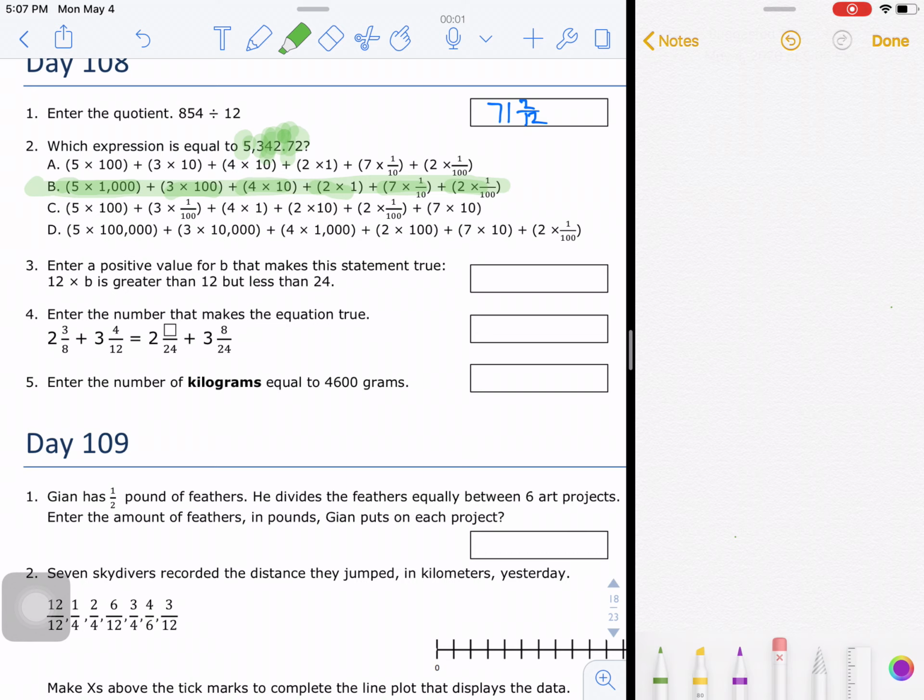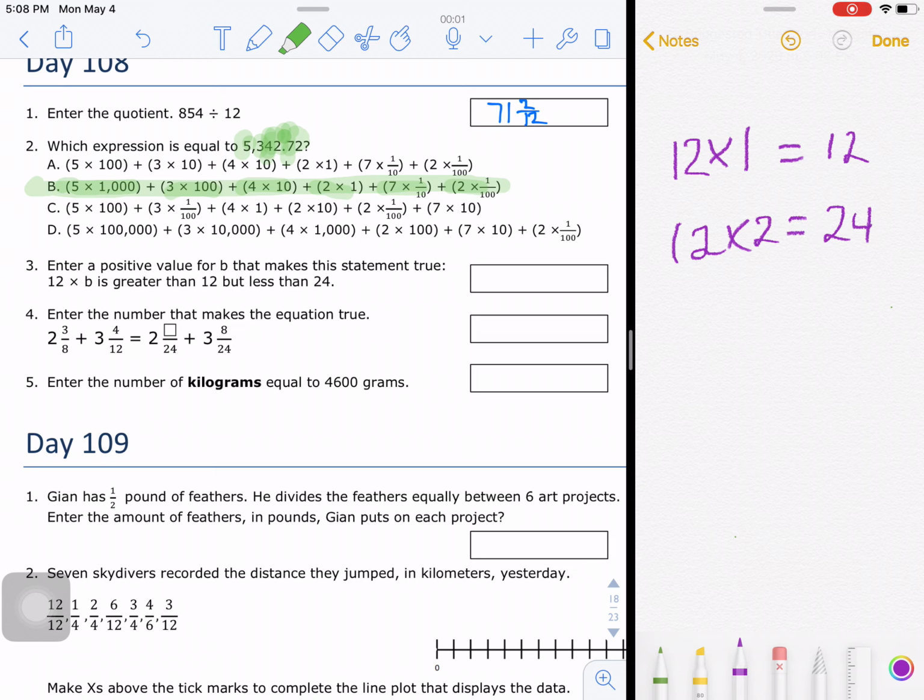Problem number 3. Enter a positive value for B that makes this statement true. 12 times B is greater than 12, but less than 24. So I know that 12 times 1 is equal to 12. And I know that 12 times 2 is equal to 24.